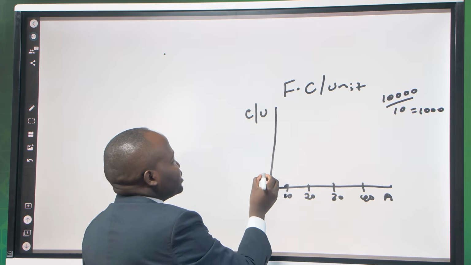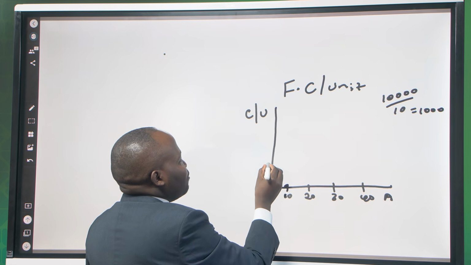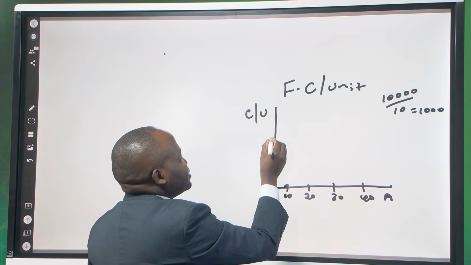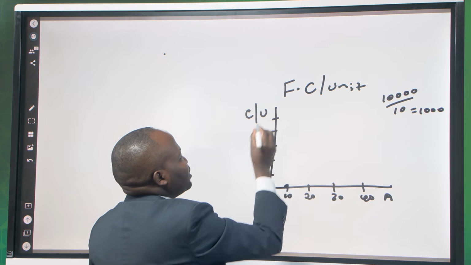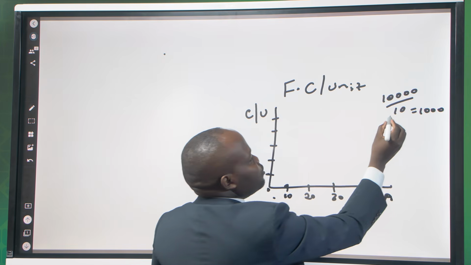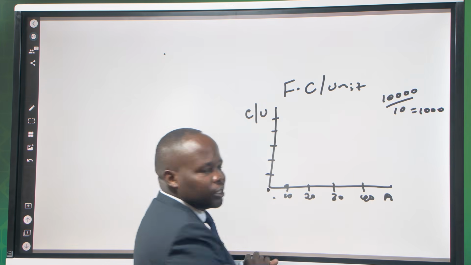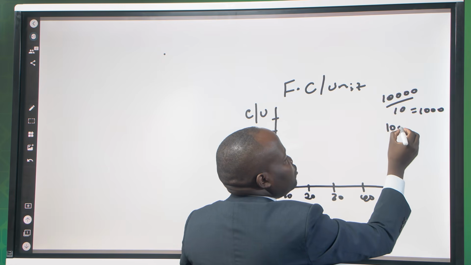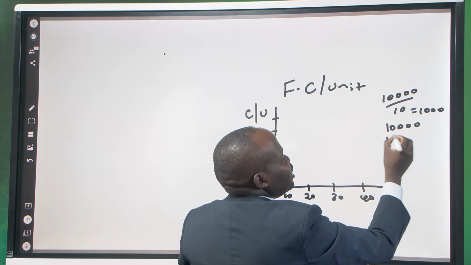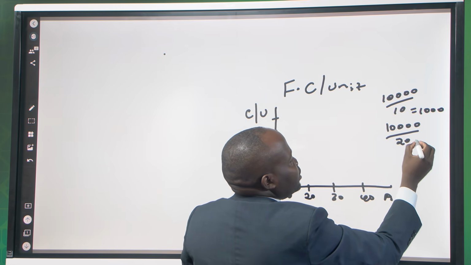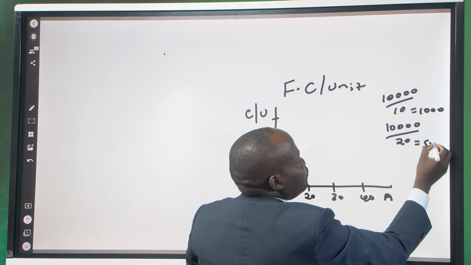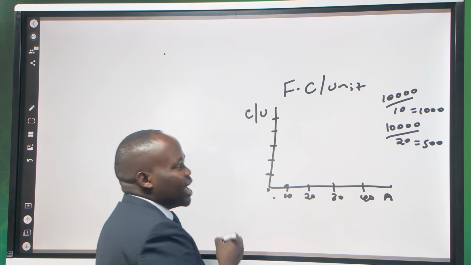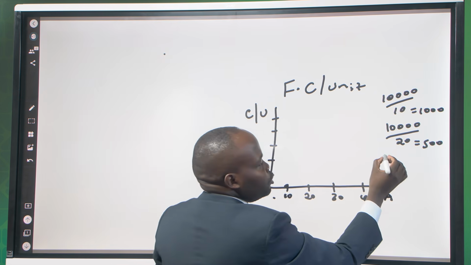So in this case, when you produce 10 units, the fixed cost per unit is 1,000. When you produce 20 units, the fixed cost per unit changes to 10,000 divided by 20, and that gives you 500. And that keeps on changing as you produce more units.